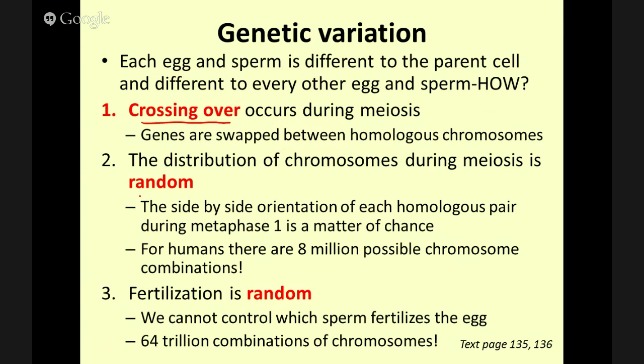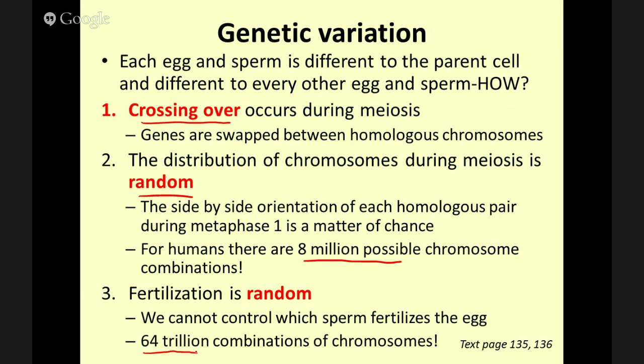We don't know which way the chromosomes are going to line up during metaphase. They just have to get in line, but we don't know whether the maternal ones or the paternal ones, which directions they're going to be pulled. So there's 8 million possible combinations there for the ways that the chromosomes could line up. And then we don't know which sperm is going to fertilize which egg.